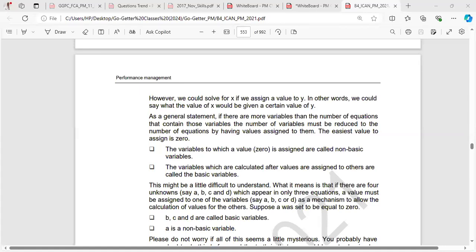So let's see what the syllabus says about the simplex method. Okay, so we'll need to get the syllabus downloaded. I don't have it here offhand.